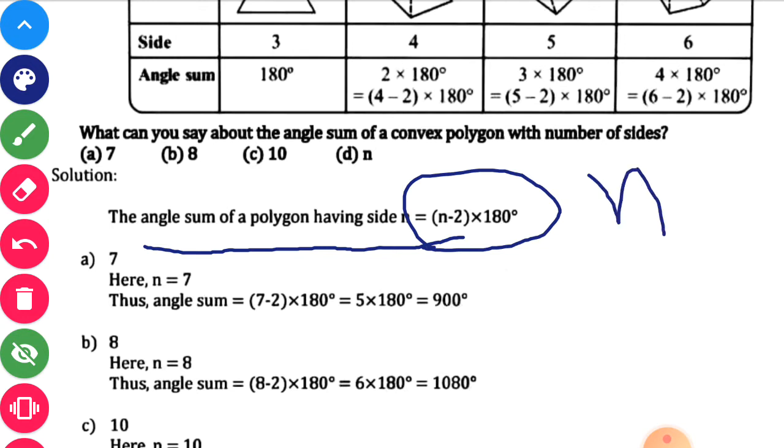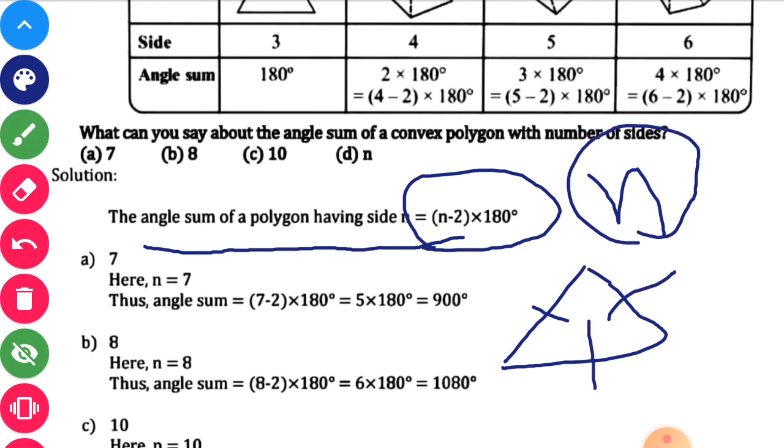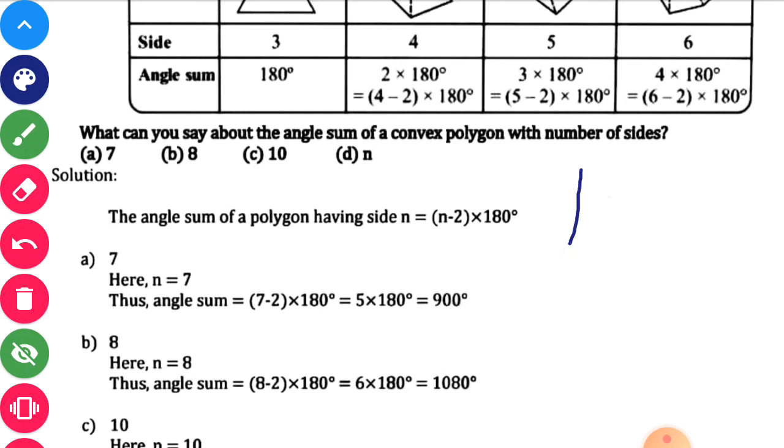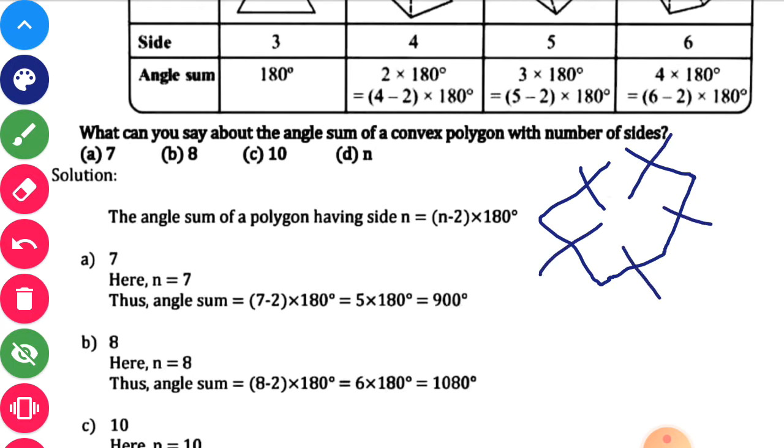For example, if a triangle is there, how many sides are there? 1, 2 and 3, so n is equal to 3. If a square is there, then 4 sides are there, so n is equal to 4. If this pentagon is there, then 5 sides are there, so n is equal to 5. That you have to put in this equation.